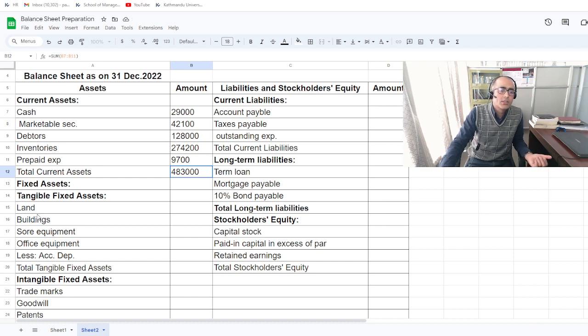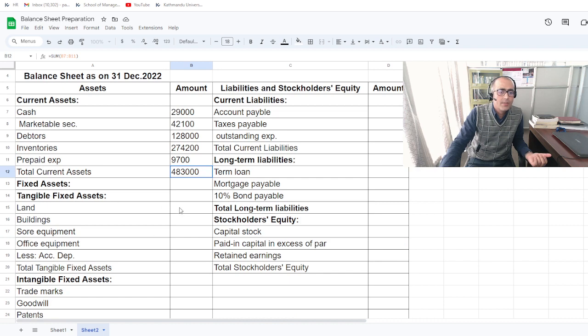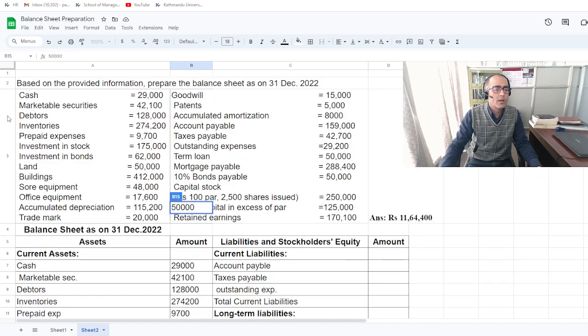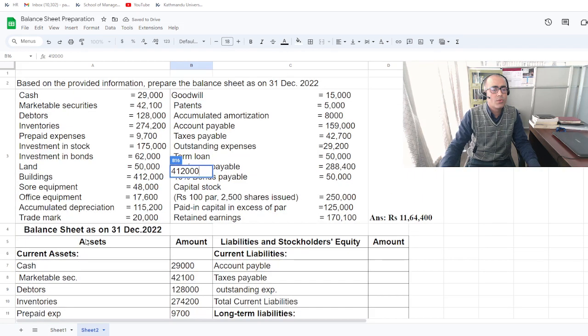Under fixed assets, look at the land value, which is 50,000. It could be any value; you just list it under land. Building is 4,12,000. Next, what about the solar equipment?